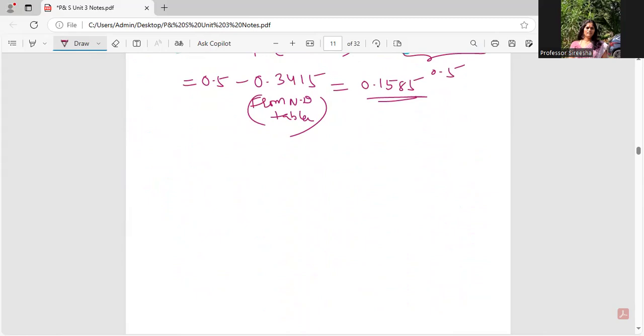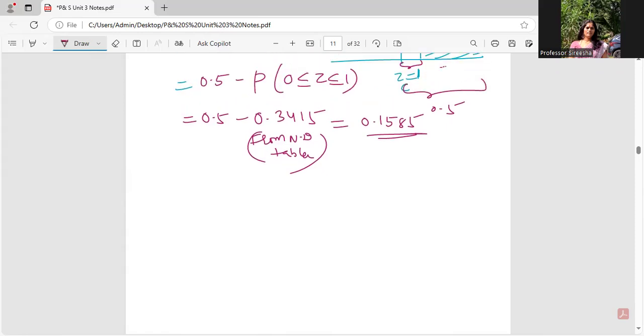So what I have got is: how many students get more than 40, P of x greater than 40, greater than or greater than or equal to, anything is fine. I've got the value to be 0.1585. How many students are there?